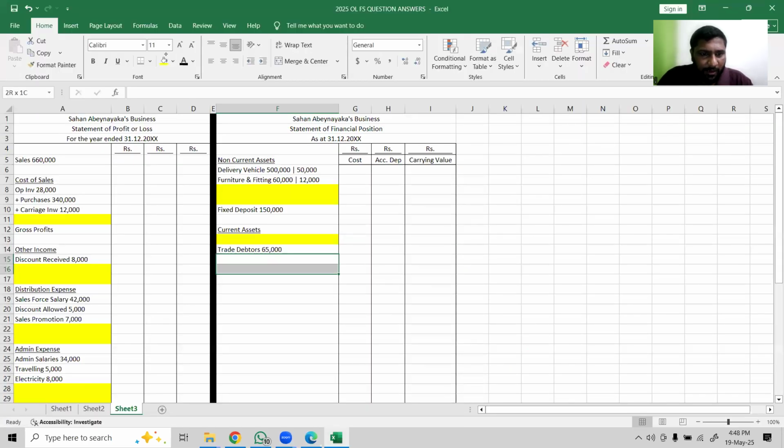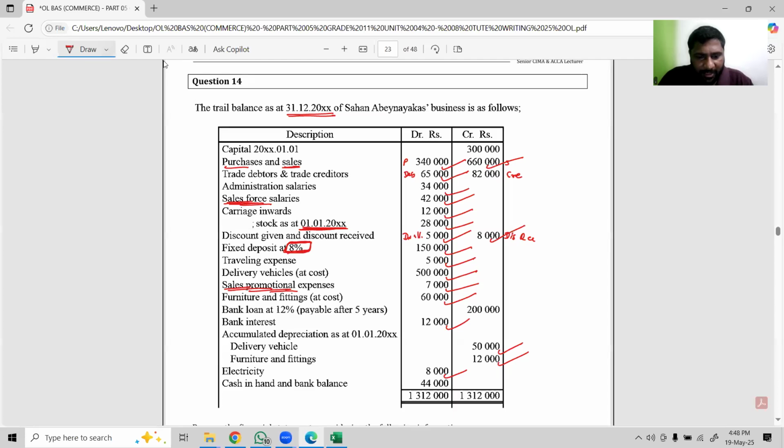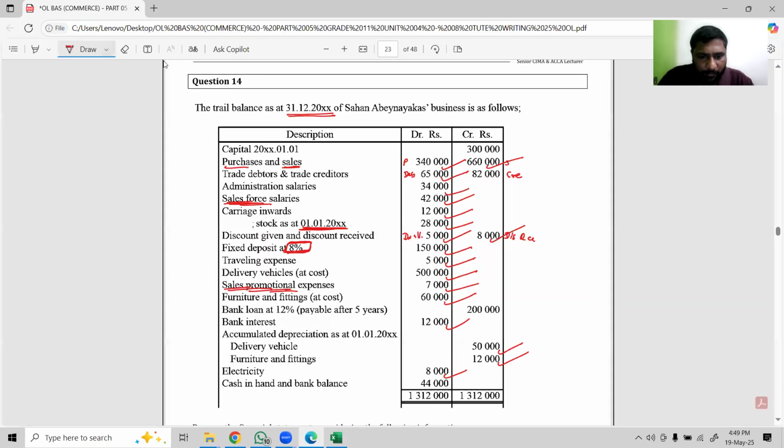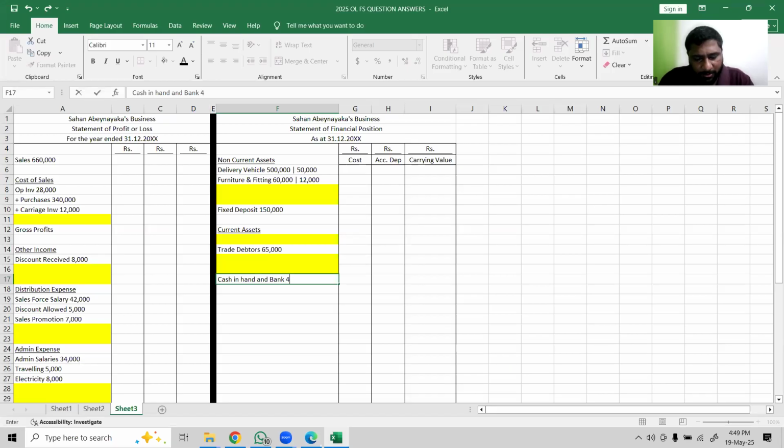And we'll leave like 2 lines and we'll write the cash. Cash in hand and bank, 44,000. Debit means positive balance. Then we can go for the total assets.